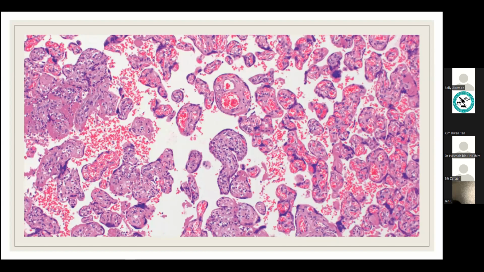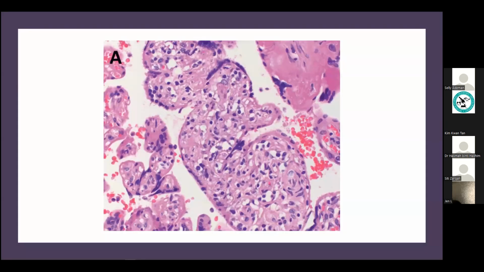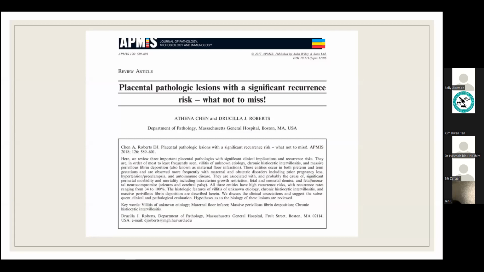I think I have reached the end of my presentation. So my reference, actually, is I think a good paper to read. This paper only discusses the 3 lesions. The paper is quite old, 2017.